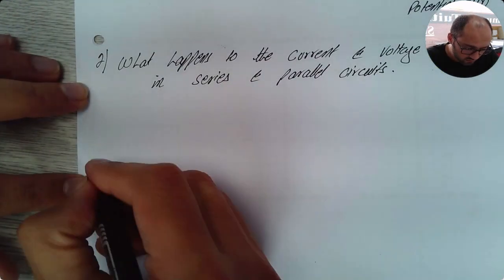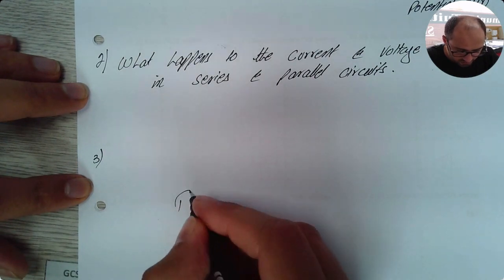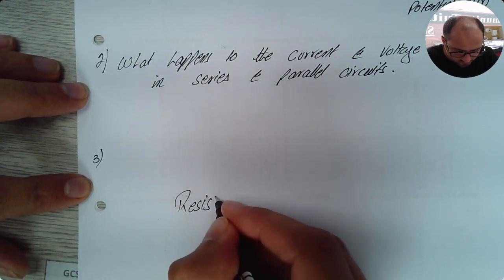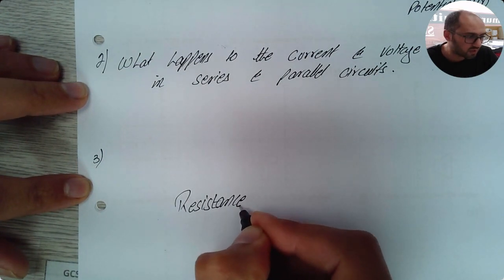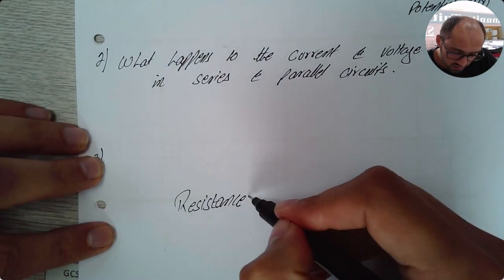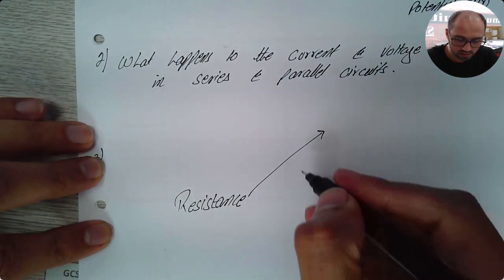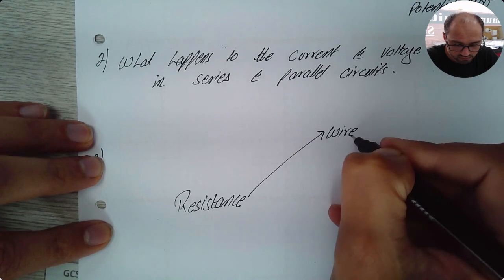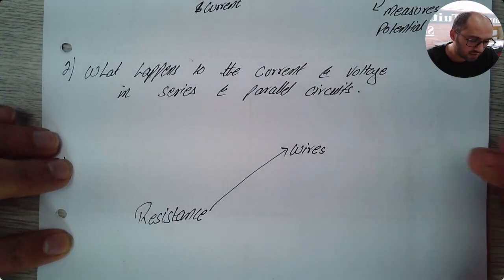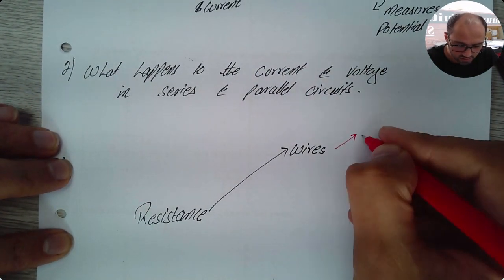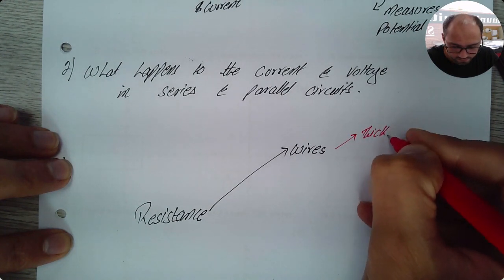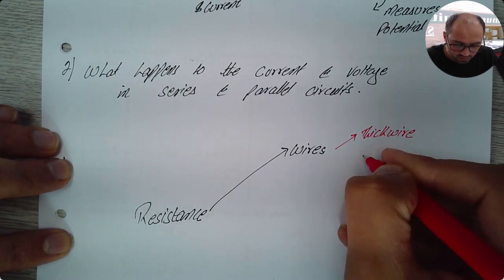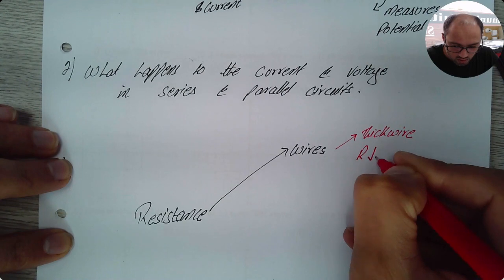Third thing we will need to know, and this is about resistance. When it comes to resistance, I can consider three different components. I can consider wires. Remember, if you use thick wire, then the resistance value will be low.